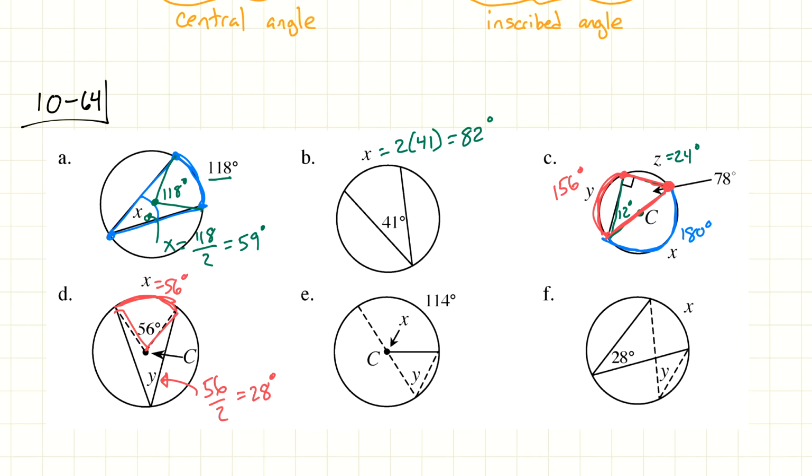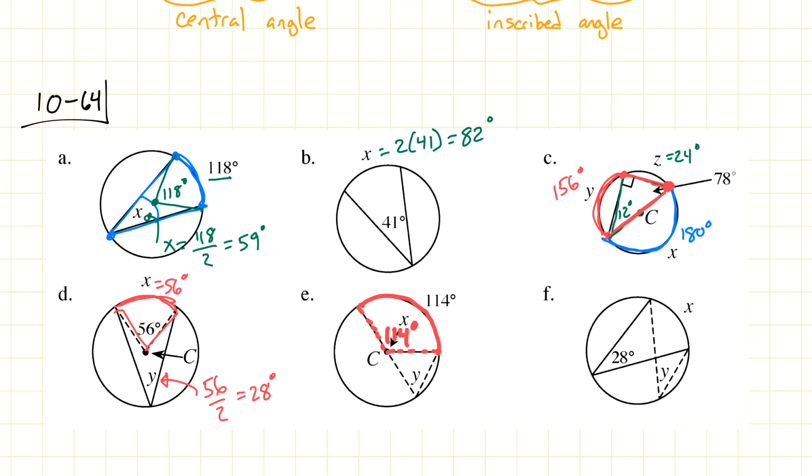And part E, we're looking at this one. Maybe it's not clear. I believe this arc here is 114 degrees, which means if I look at this central one, it should be the same. So x should be 114 degrees as well.